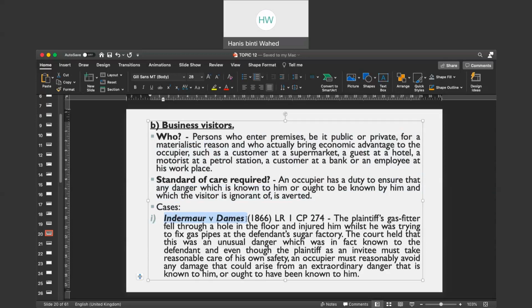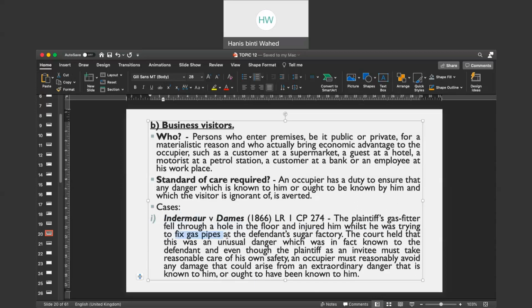Okay, kalau you baca dalam facts case ini, the extraordinary danger or the unusual danger was a gas heater that fell when the plaintiff tried to fix the gas pipe at the defendant's premise, i.e. the factory. So the court held that dalam case ini, this unusual danger was known to the defendant.